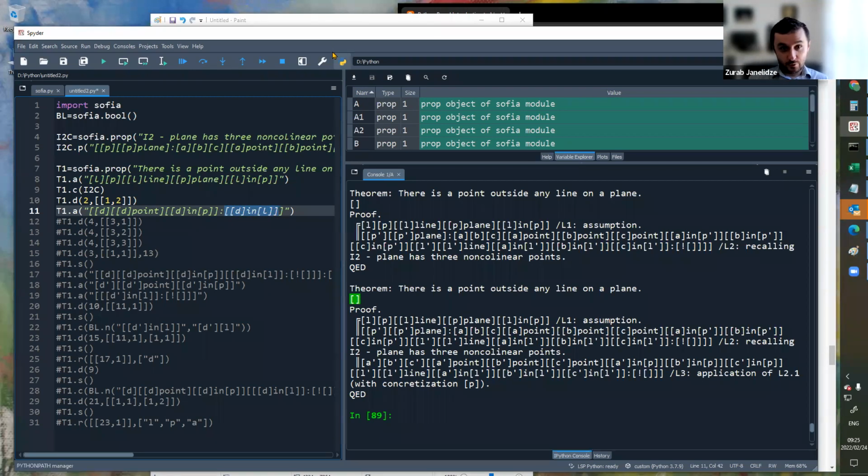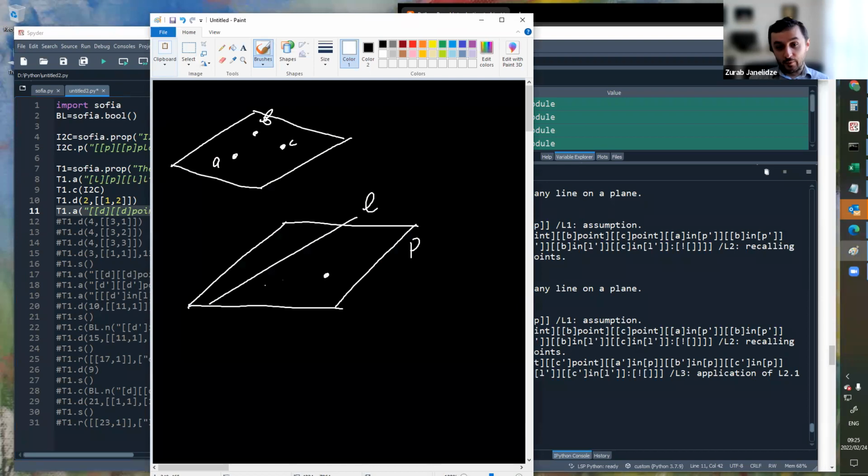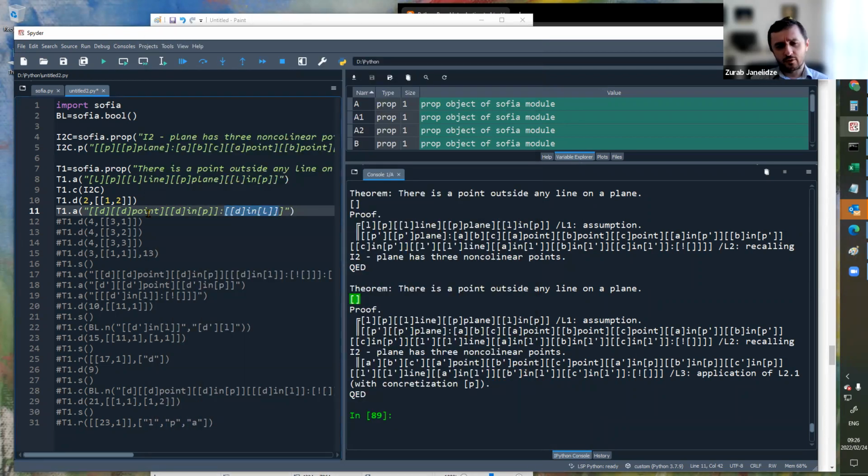We don't want this to be true, right? We want to find a point on the plane that does not lie on L. But now we're assuming that every point on the plane lies on L. Why are we doing that? Would someone like to answer this question? If we want to find a point that does not lie on L, why would we be assuming that every point of the plane lies on L? You can put your answers in the chat or speak them out.